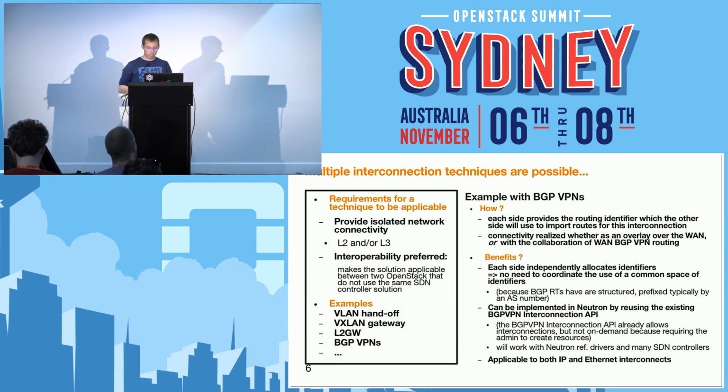So by introducing this API and combining both, we end up with something that can work today with Neutron, with a service that has drivers, including for many SDN controllers. And the last important point that makes BGP VPN an interesting option here is that BGP VPNs allow both IP and Ethernet interconnections.